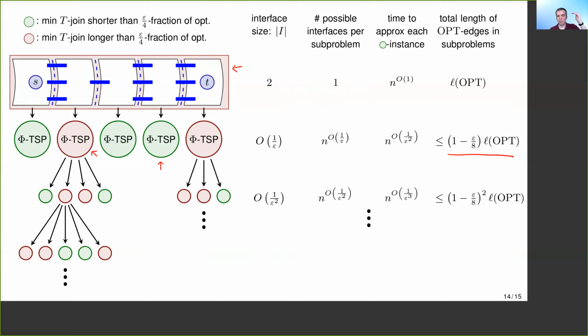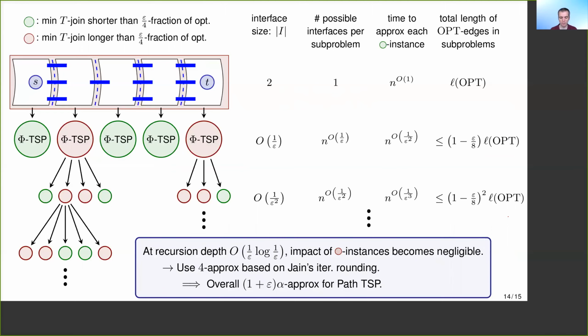And in the next recursion, this 1 minus epsilon/8 will be squared, and so on. Think of those as what we still have to guess or approximate in the subproblems that we have to solve at the corresponding recursion level.